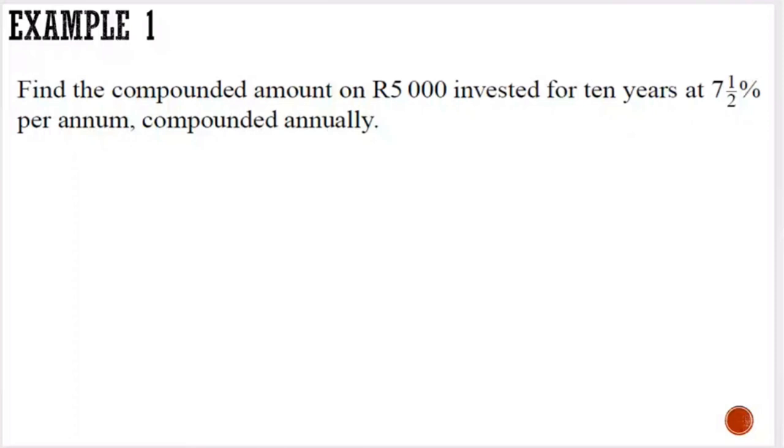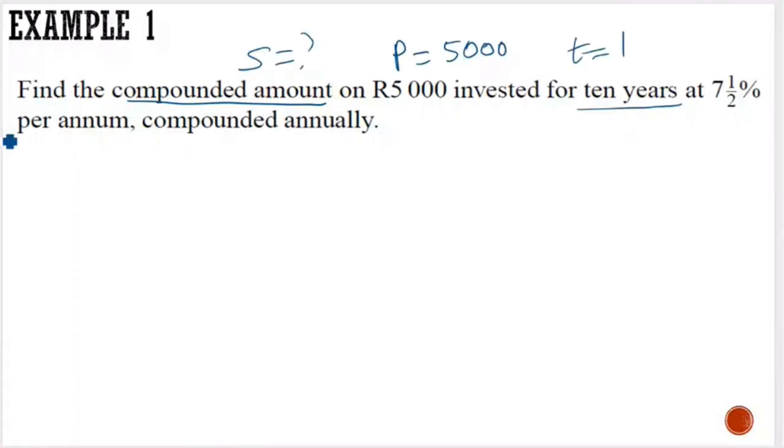The minute they say a compounded amount, you know they're looking for the future value. A compounded amount on 5,000 means your present value is equal to 5,000, invested for 10 years. Your T here is 10.